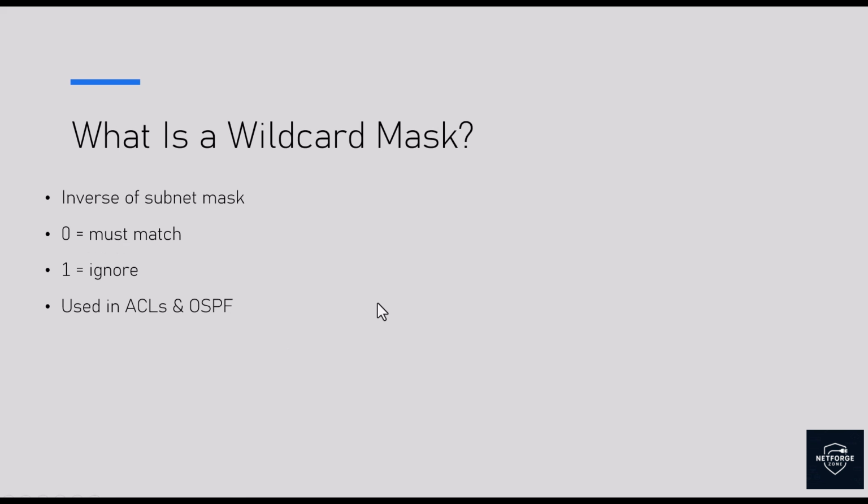Okay, so the first thing that we need to know is that a wildcard mask is the inverse of a subnet mask. You already know what a subnet mask is, right? If I want to specify a specific IP address, say I have a network, and inside this network I have a specific VLAN, and for this VLAN I assign a subnet.